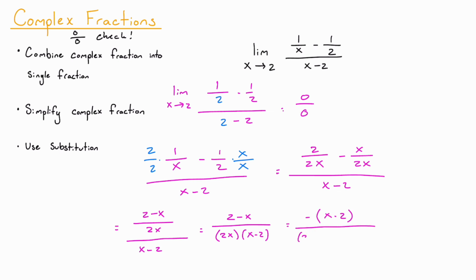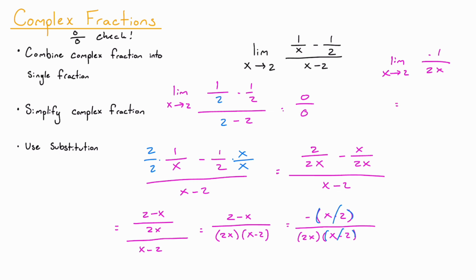Divide this by our denominator, 2x, x minus 2. So now we have a common term in our numerator and denominator, which is x minus 2. So we can go ahead and cancel these out because they're equal to 1. And we get the limit as x approaches 2 of negative 1 divided by 2x.